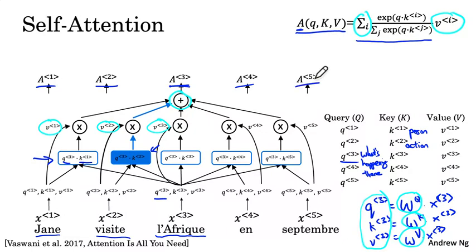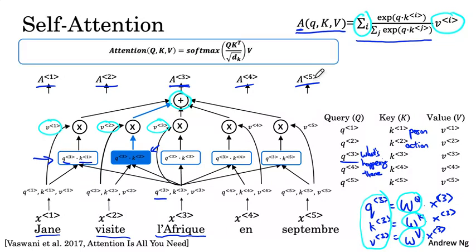And if you put all of these 5 computations together, the notation used in the literature looks like this, where you can summarize all of these computations that we just talked about for all the words in the sequence by writing Attention(Q, K, V), where Q, K, V are matrices with all of these values. And this is just a compressed or vectorized representation of this equation up here.